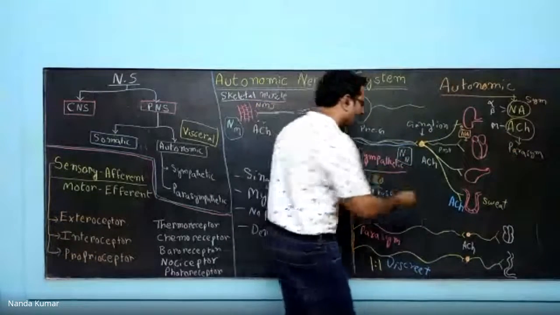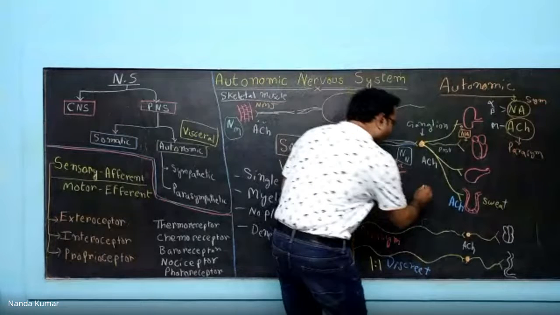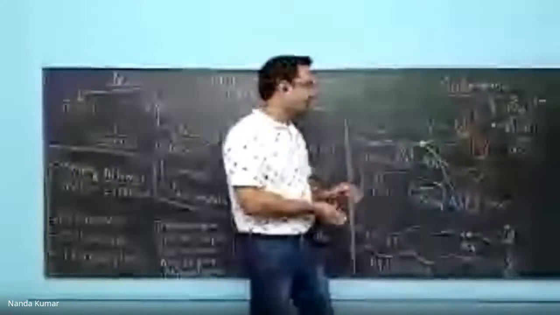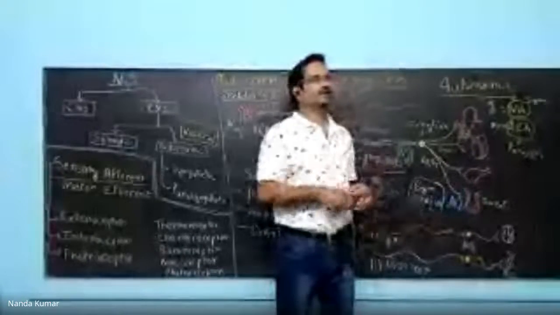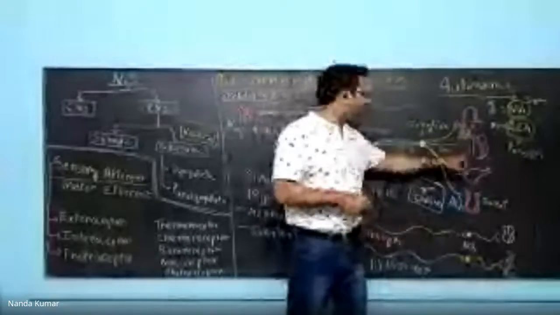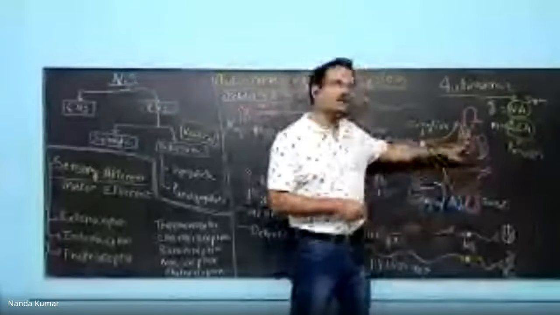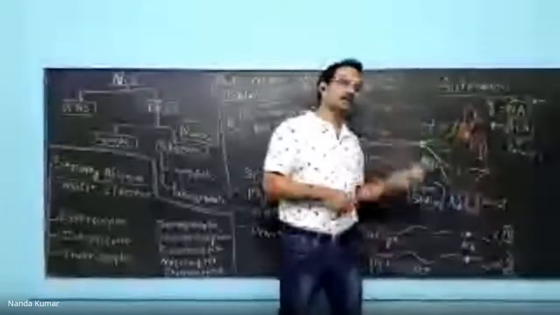The sweat gland has a special name, sympathetic cholinergic. Based on the neurotransmitters, they are classified as adrenergic and cholinergic. Where the neurotransmitter is noradrenaline, they are called adrenergic.